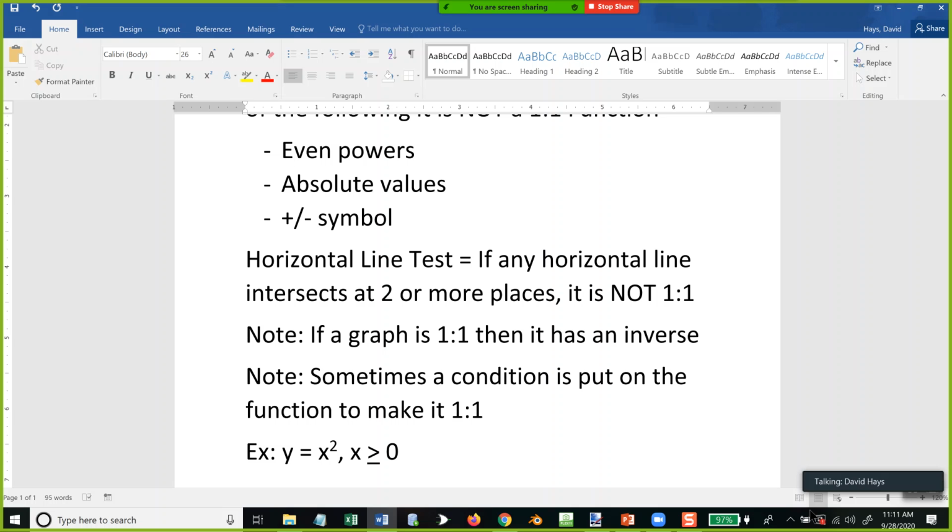I was trying to debate whether you'd ever have something that would have a condition on it that wouldn't be a function, that fails a vertical line test. I suppose you could, but I've never seen that in the algebra book.